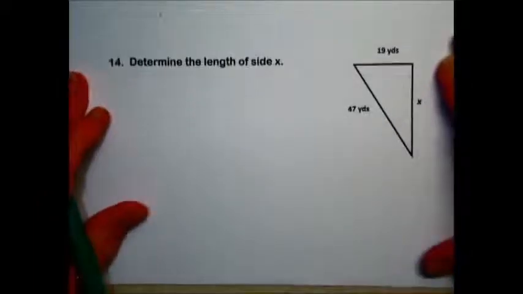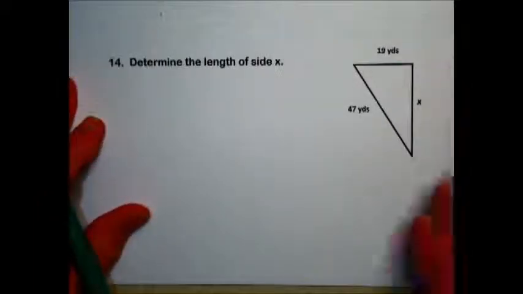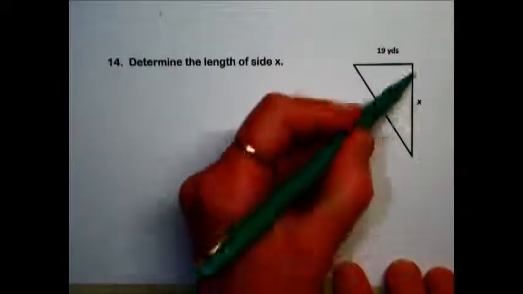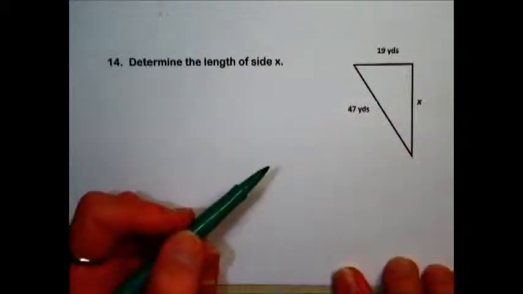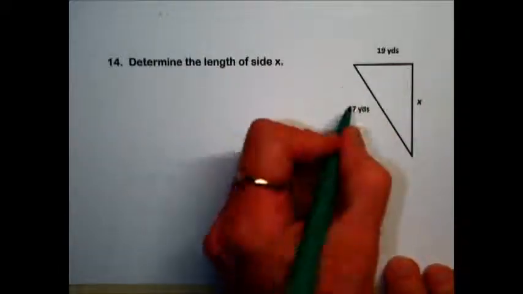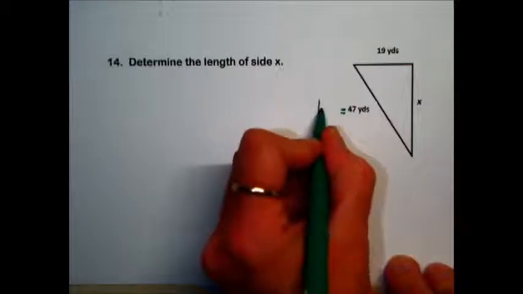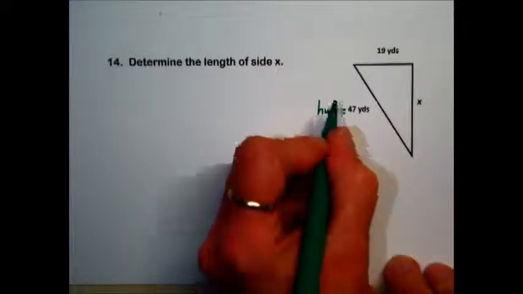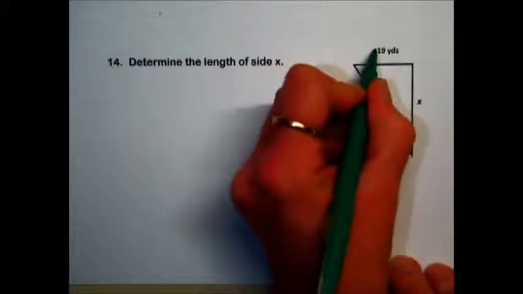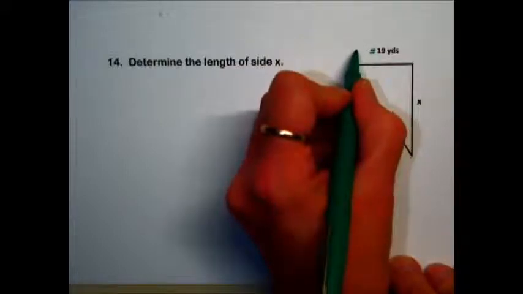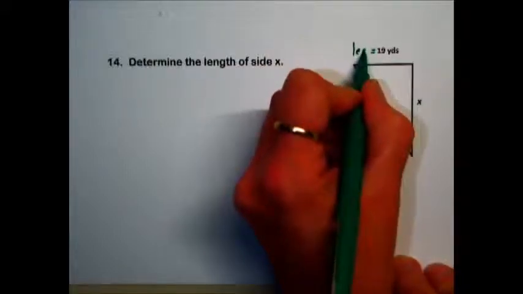In problem number 14, they want us to determine the length of this side of a right triangle. The side opposite the right angle, what we know is a hypotenuse. We're given one side of the right angle, which means we have a leg length.